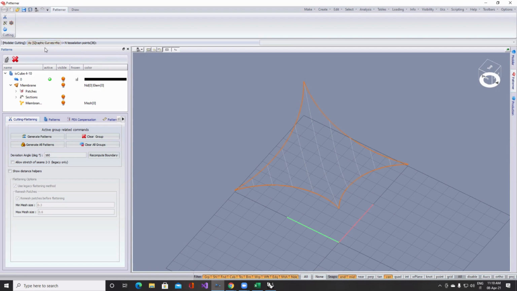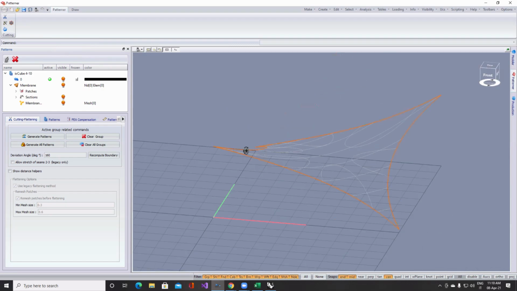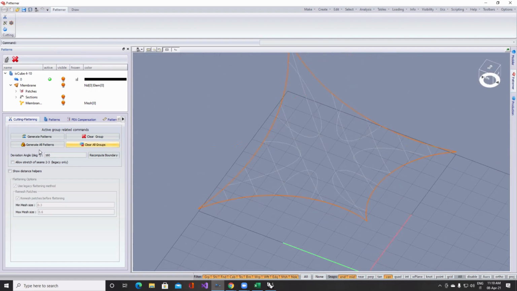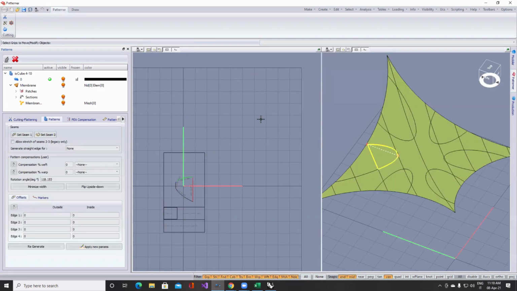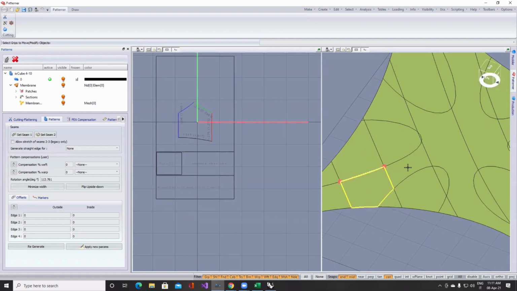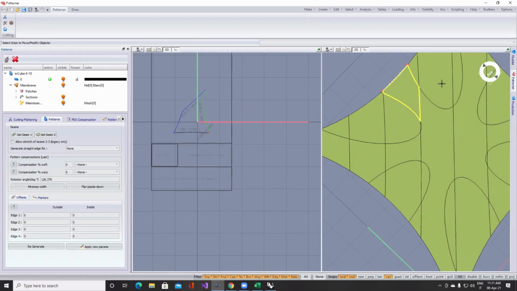We want them as cutting curves. So I set graphic curves to no. I click enter, and we get out these curves again. You see that these curves are on the surface. Now, if I generate patterns again, we see that we have all these pieces of panels on the ground.